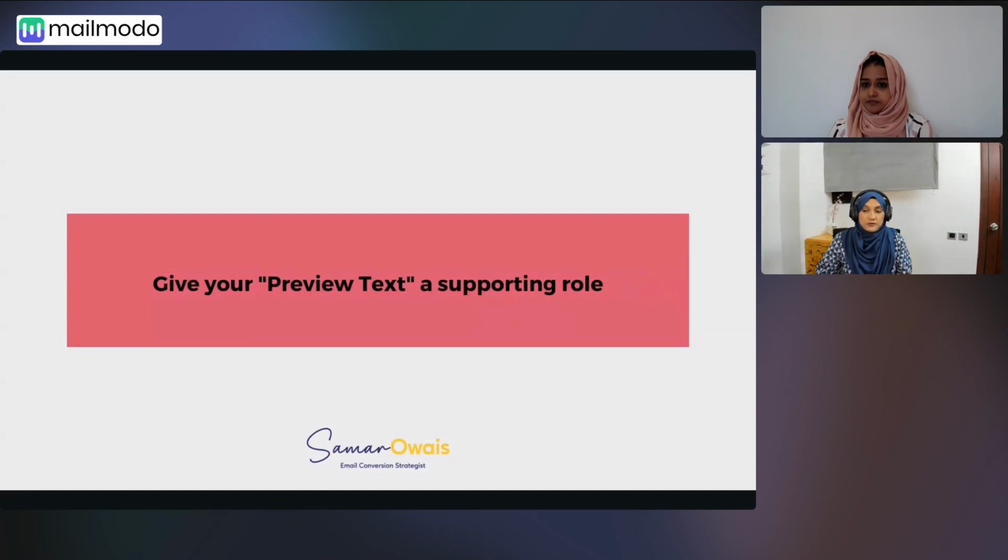So the job of the preview text is to provide context or give additional information. When writing the preview text, ask yourself, if the subscriber only read the subject line and the preview text, will they know what the email is about? If the answer is no, you need to write it again.